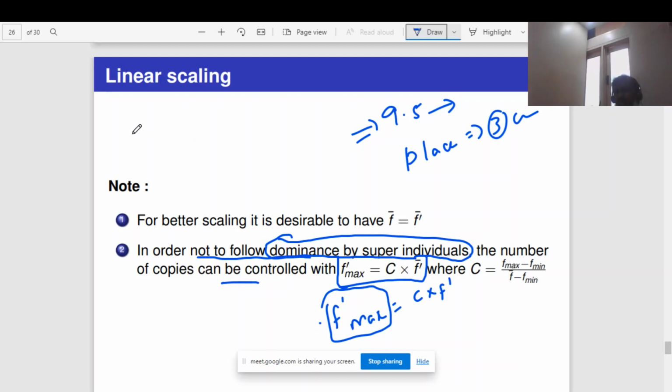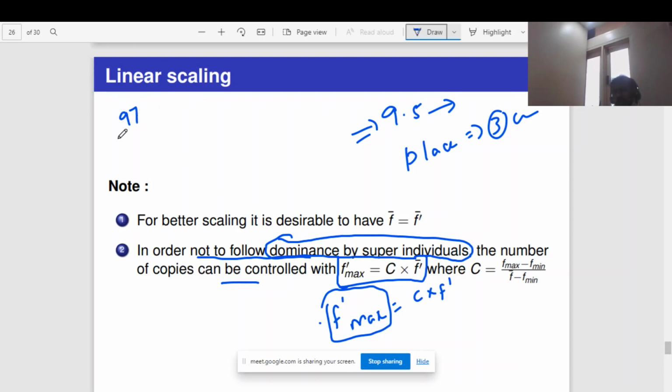See, in genetic algorithm, for the mating pool we always select individuals with better fitness score, right? So it is highly likely that the individual with good fitness score may be selected again and again. Say somebody has fitness score 97, and the maximum fitness score is 100, then this individual will be selected again and again.